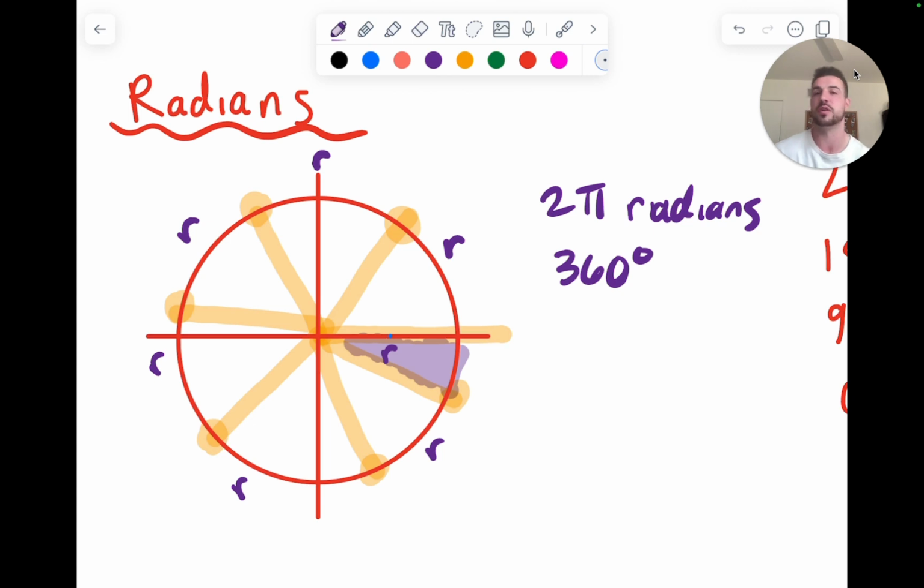If we estimate pi to be 3.14, 2 times 3.14 is 6.28, which accounts for this little bit of extra. Radians are just another way that we measure angles. We are going to use this to find some values on our unit circle using sine, cosine, and tangent.